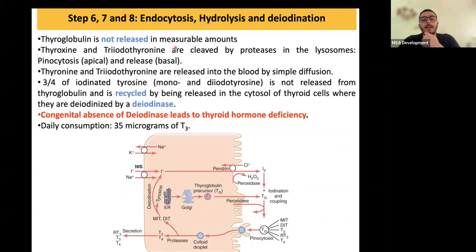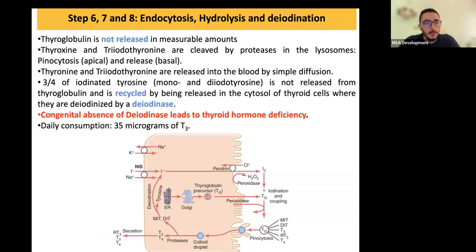Steps 6, 7, and 8 are endocytosis of thyroglobulin with T3 and T4 and some residual MIT and DIT into the cell, and then lysosomes hydrolyze T3 and T4 and secrete them into the blood, and the thyroglobulin is recycled again to tyrosine. You can read it here.